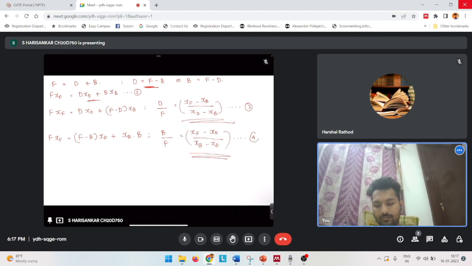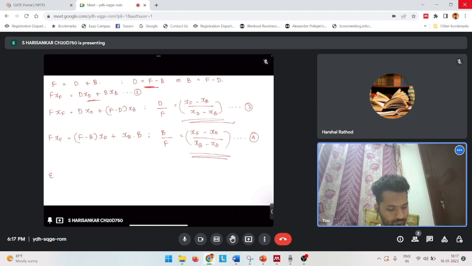Now the effectiveness of a screen is usually represented as epsilon. This will be equal to (D into xd by F into xf) into (B into (1 minus xb) by F into (1 minus xf)).